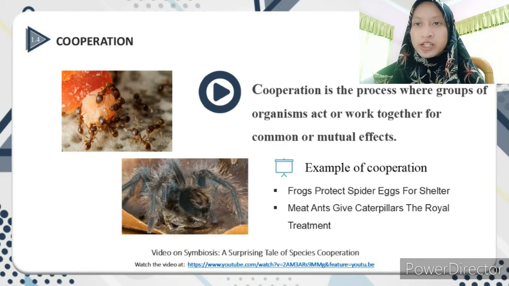Cooperation. Cooperation is the process where groups of organisms act or work together for common or mutual effects. In evolution, cooperation is the process where groups of organisms work together for common or mutual benefit. It is commonly defined as any adaptation that has evolved, at least in part, to increase the reproductive success of the actor's social partners.